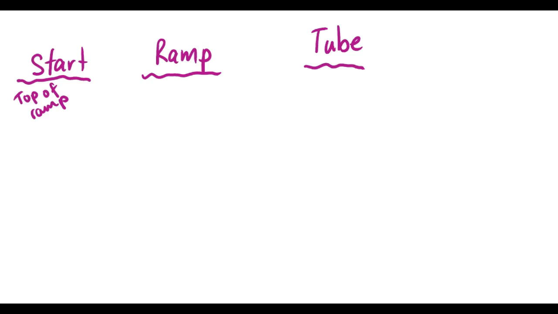Well, first of all, your energy is going to be some sort of stored energy. In other words, it's going to be some sort of potential energy. That's what you're going to have when you start off.